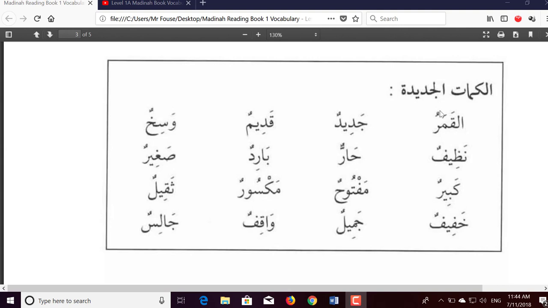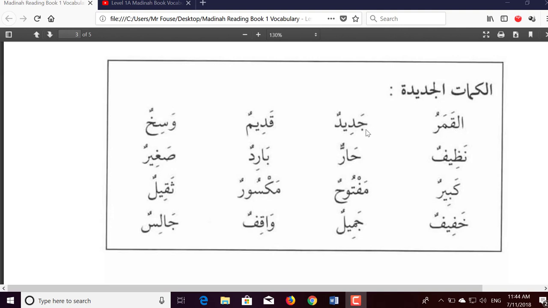You only have one diacritical mark here, being a dhamma. So here we would say al-qamaru. And still, even if we have alif lam, the same rule applies, that if you stop on a word, you will not pronounce the last diacritical mark. So we would simply say al-qamar.